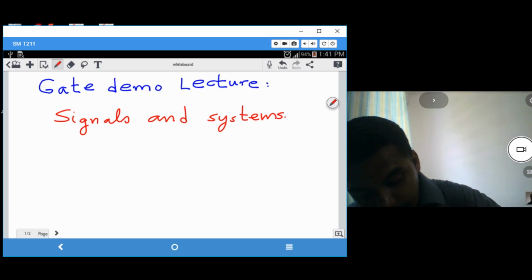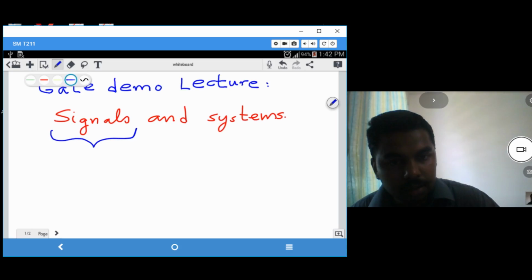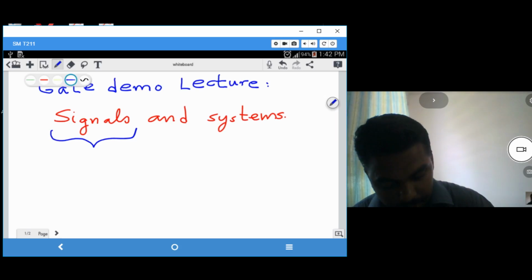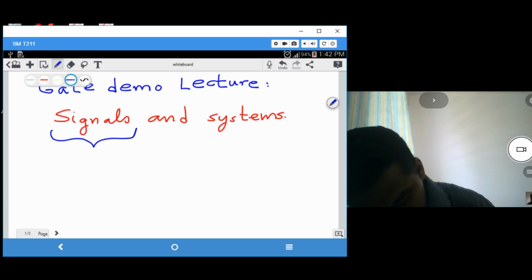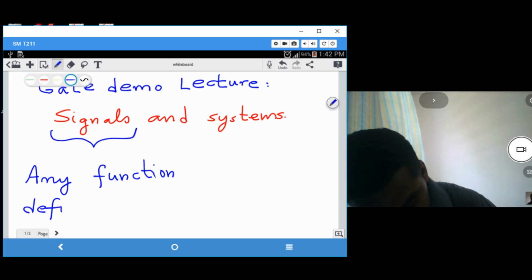So let us see what it means by a signal. A signal is any function defined on an independent set of variables.